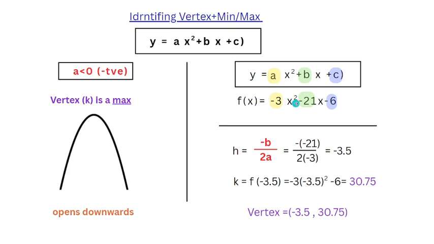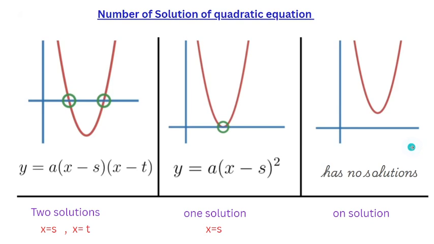We take negative 3 as is: negative 3 times minus 3.5 squared, minus 21 times minus 3.5, minus 6, and get k. So we have h and k, and we get the vertex.